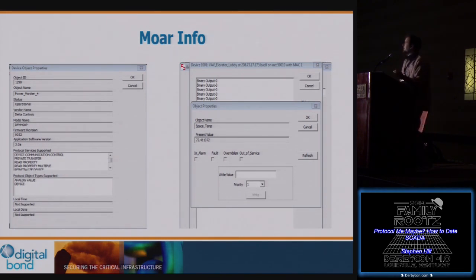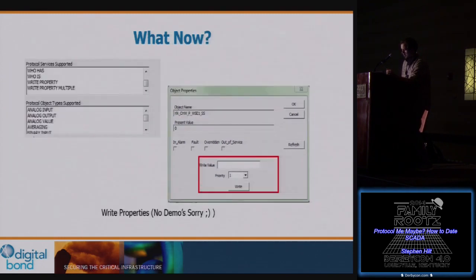So now what do we do? We can pull information out of the device. We can figure out what values are currently set. So BACnet actually supports nice writes. So you can actually determine whether they support the right property, because you can do a query for supported protocols, and it'll respond which protocols it actually supports.